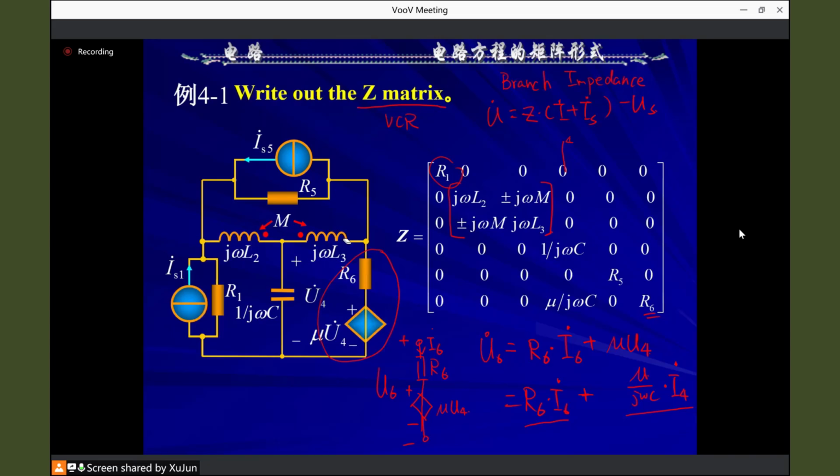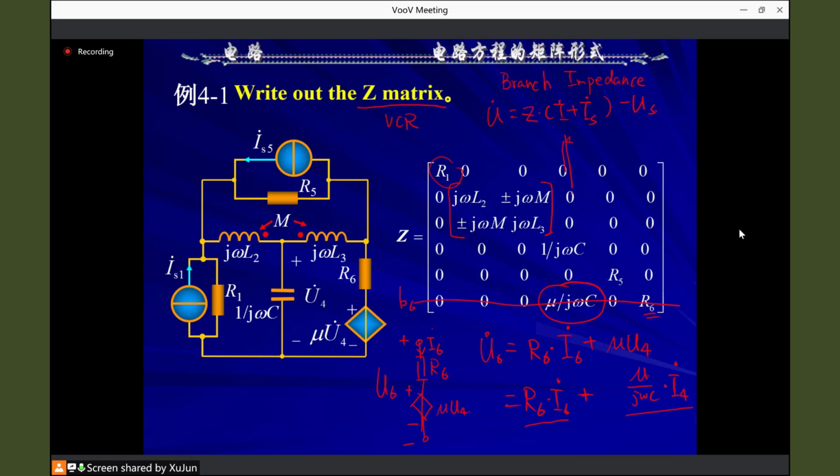So in this example, we try to express a branch that contains the independent source. There will be some components in the non-diagonal position. This position. Pay attention. This position is branch 6, the row 6, but it is affected by branch 4.